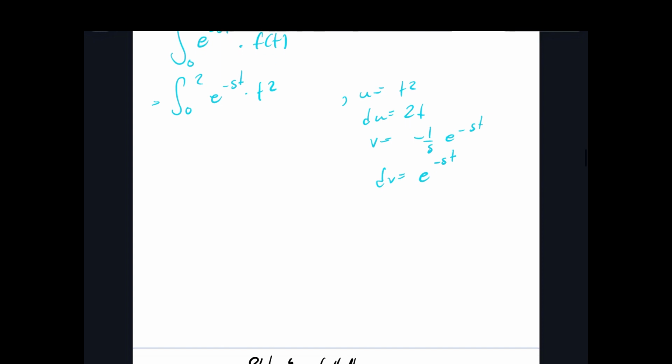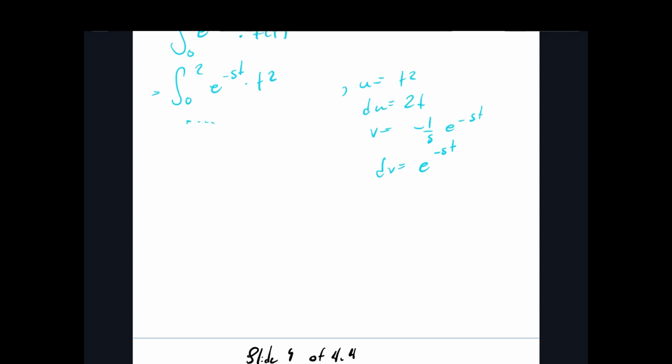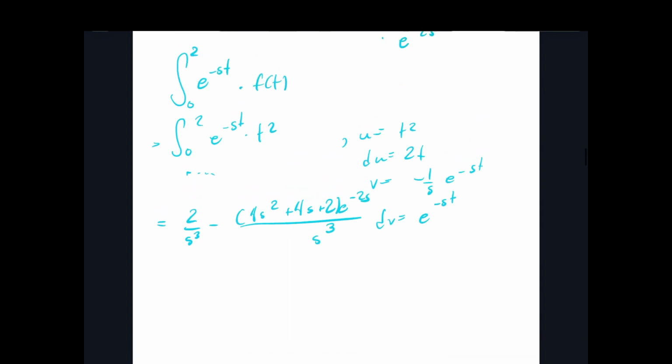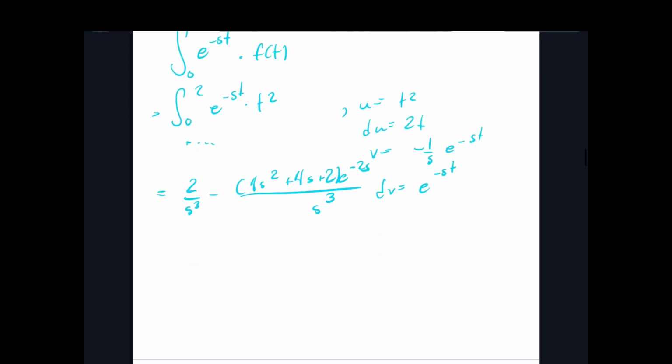And I am not going to go through the full integral of this because I feel like it's a waste of time. You could search it up online. But the final solution ends up being 2 over s cubed, the initial portion that we got right, minus 4s squared plus 4s plus 2 e to negative 2s over s cubed. This was the full solution that I entered into Child's Math.